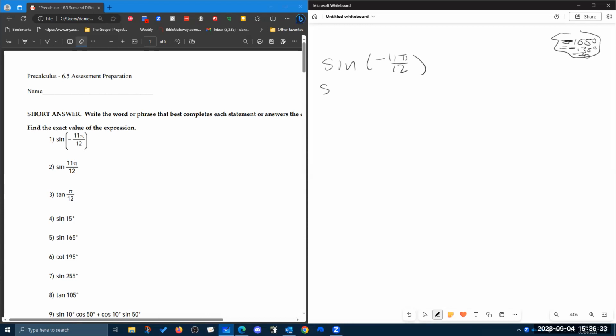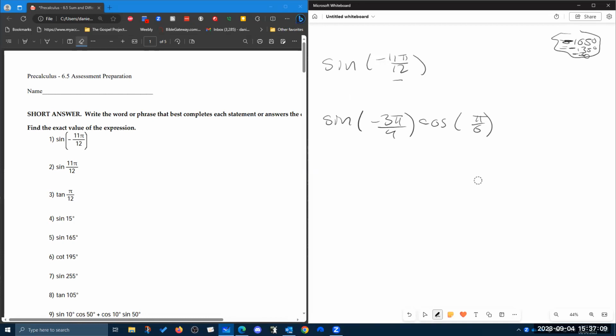So let's make that sine of negative 3 pi over 4 minus pi over 6. And that's going to be sine of negative 3 pi over 4 cosine of negative pi over 6.